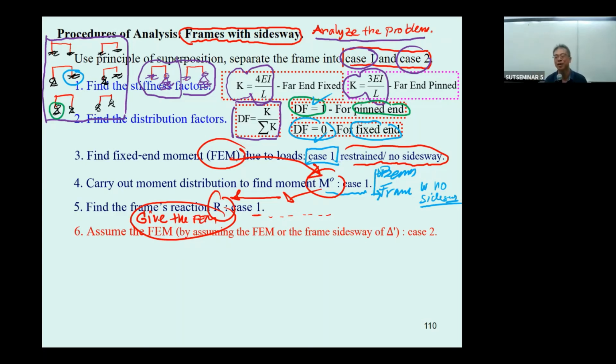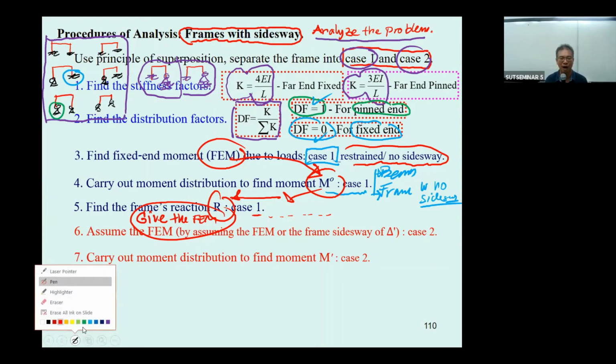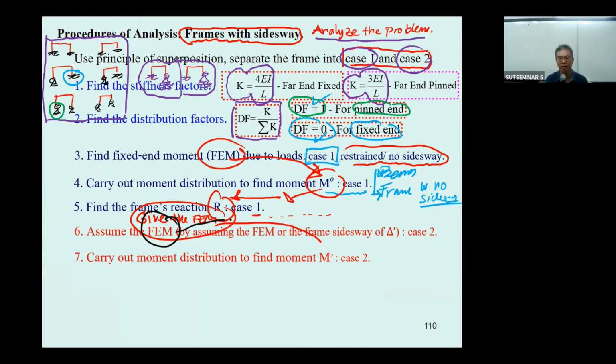So it's going to be easier for me to grade your examination, okay? And then for this fixed end, you move a little bit further to determine the M prime. For this fixed end, you compute the M prime, and for sure, you will compute the R prime. So you get the R prime.